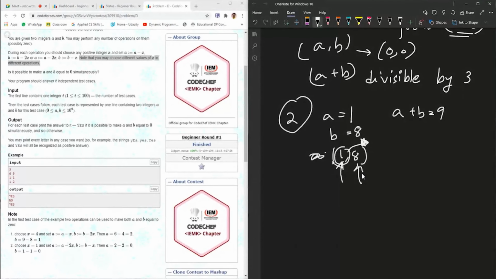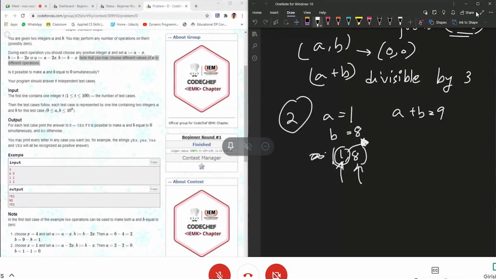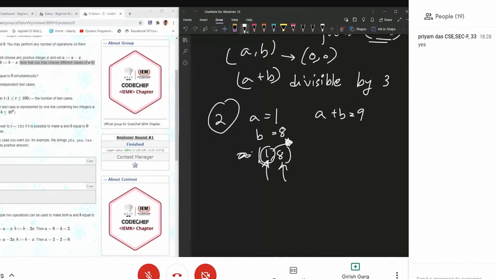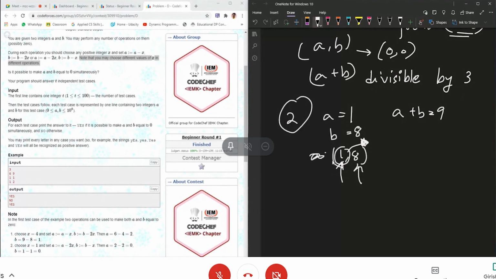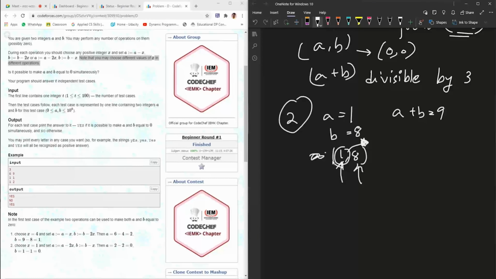Even before the total number of operations have been completed, one loses its value and goes to the negative side. But we don't want that. We want both our values to achieve 0 simultaneously.